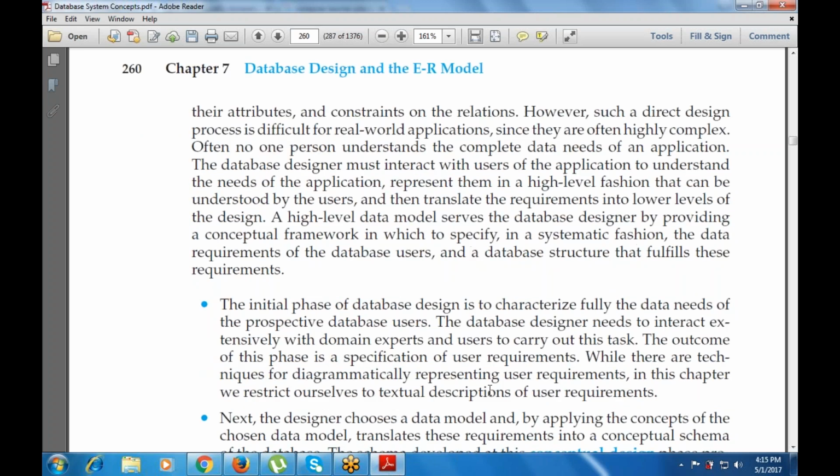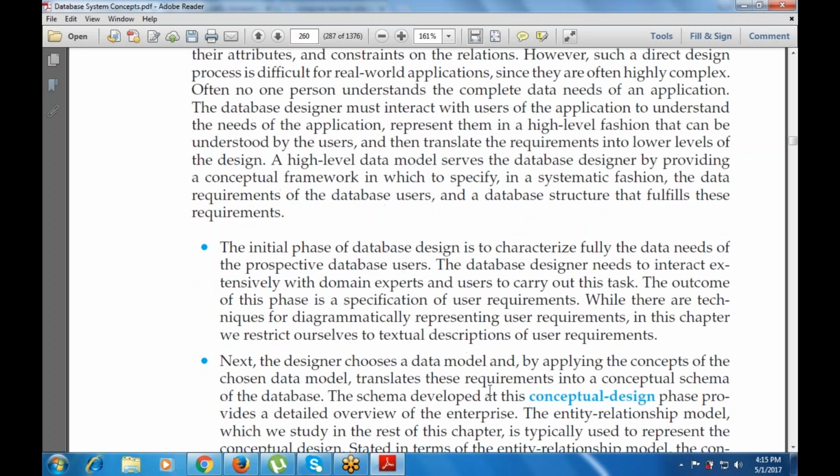While there are techniques for diagrammatically representing the user requirements, here we are providing a textual description of the user's requirements. In the next phase, the designer chooses a data model. So first, we gather the needs of our respective database users.